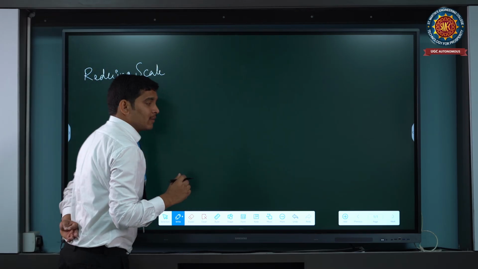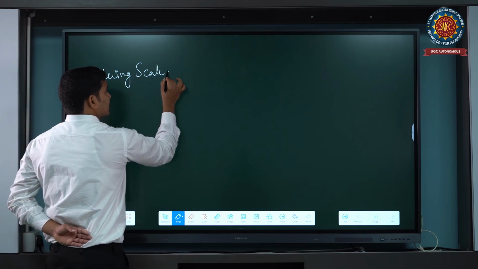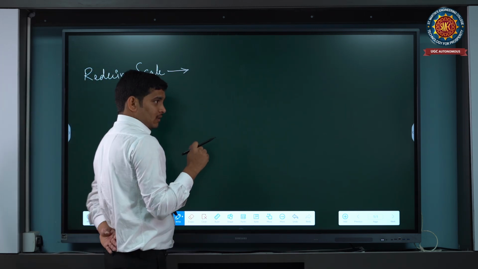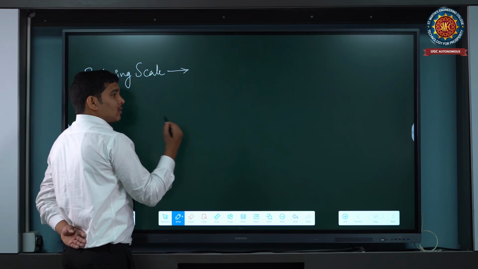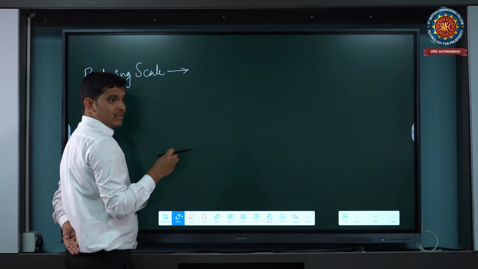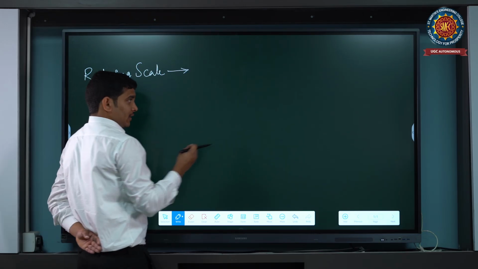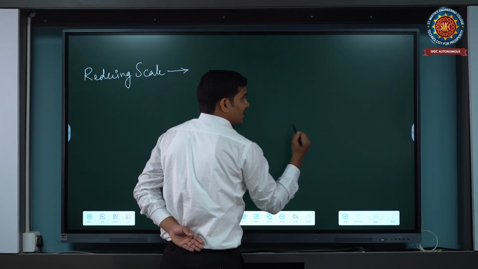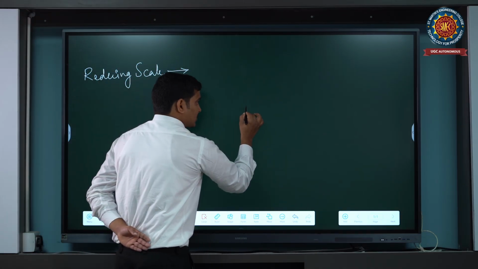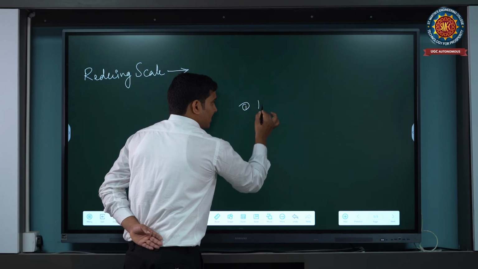We are discussing the reducing scale. The reducing scale is used to manufacture micro components, such as gear watches, electronic devices, and microcontrollers. Now we are measuring the dimensions. For the reducing scale, the first concept is 1 mm.